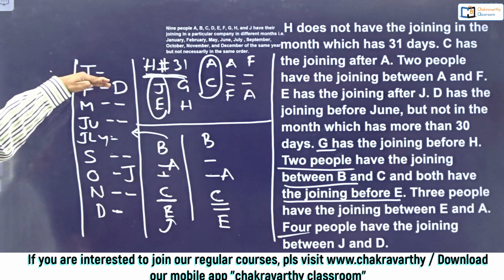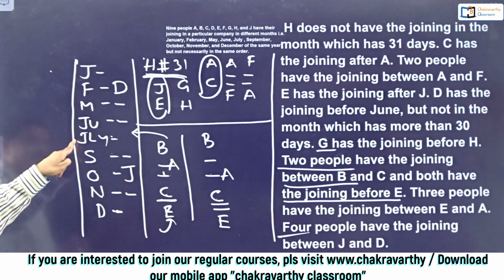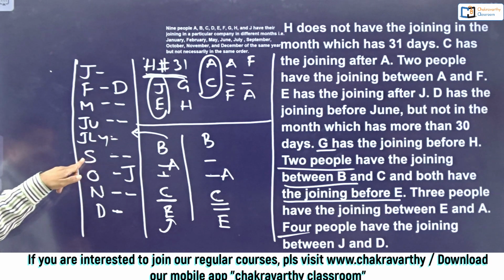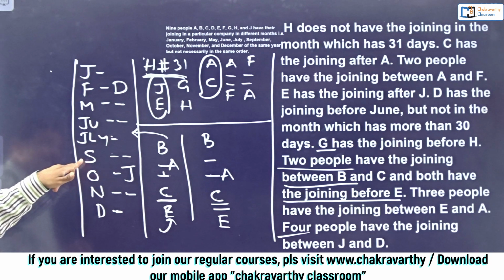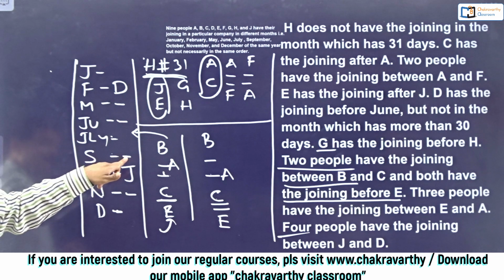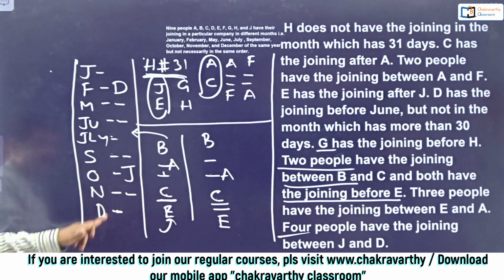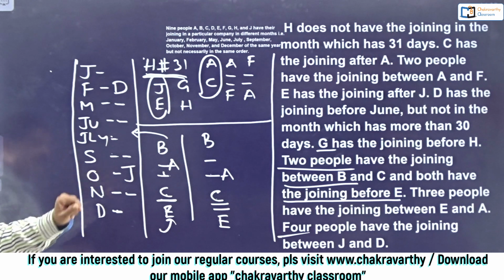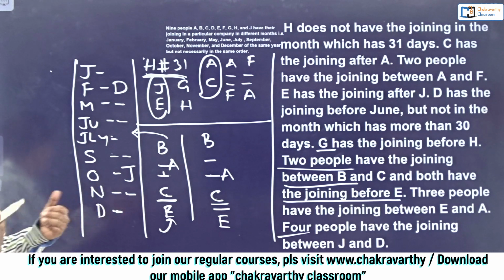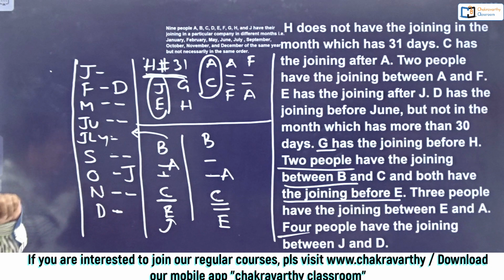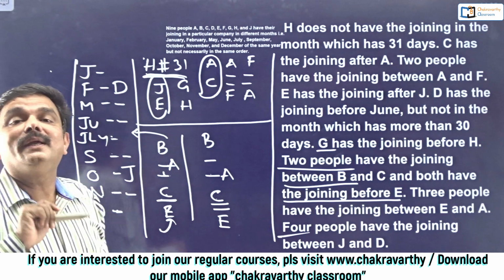Not possible here. Already D, July is 31 days, not possible. Then this is September, but already one person is there. That's the reason why I keep dashes here. J is there, not possible for H here. November, not possible because already E is there. This is December, but it is 31 days.